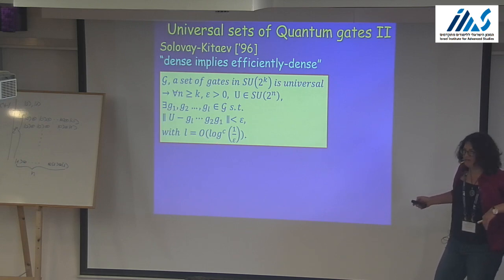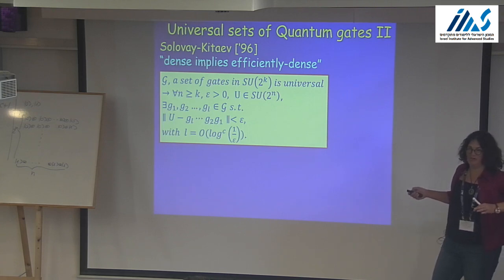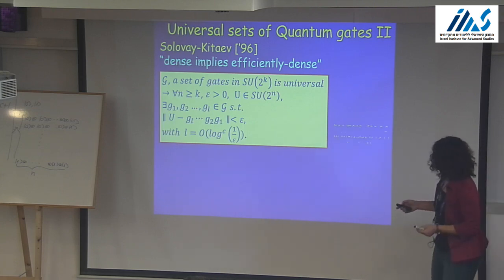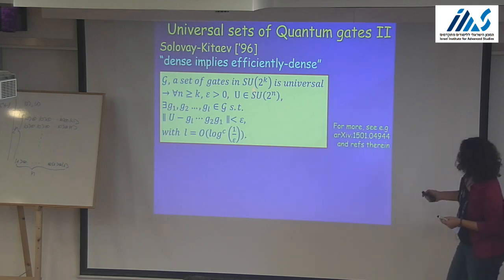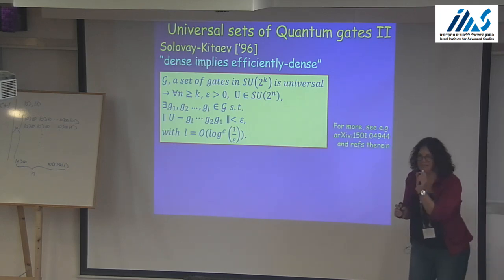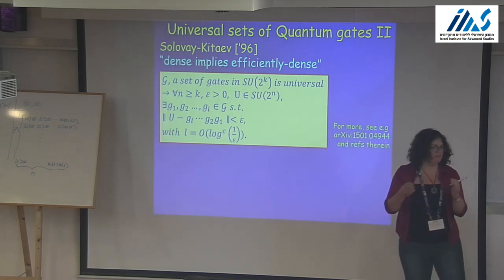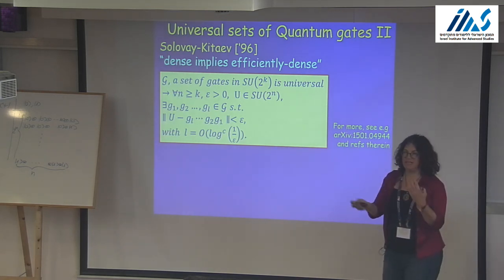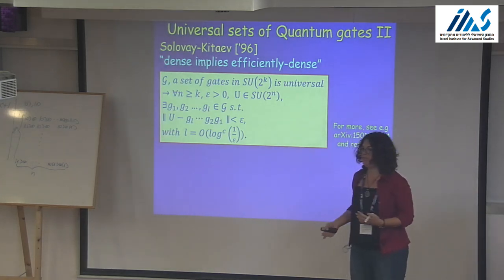Okay? So that's great. You only need polylogarithmically in 1 over epsilon gates in order to approximate the unitary that you want. Clearly this is too good to be true, right? The thing to notice, the catch here, I should say that this is basically a glimpse of a whole field of how fast unitary gates can approximate unitaries.